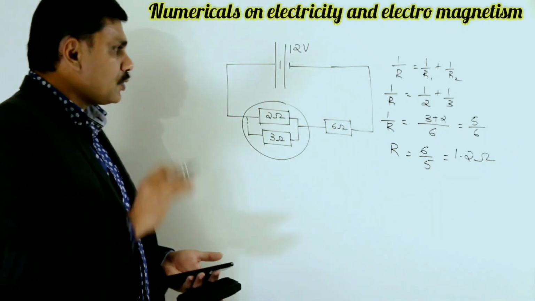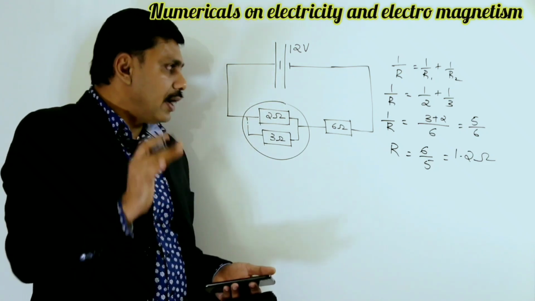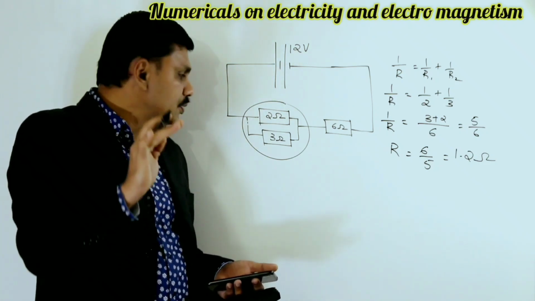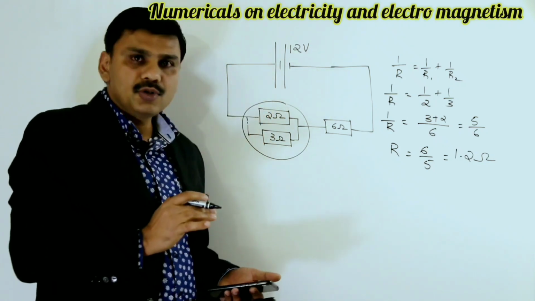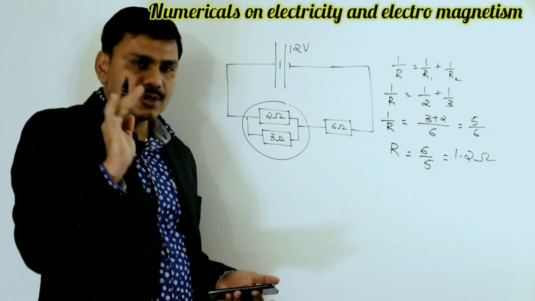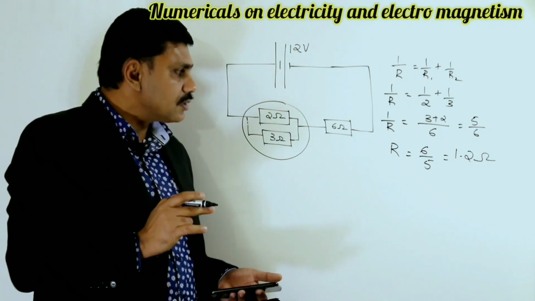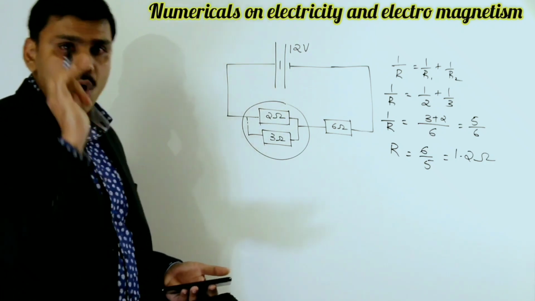So if the two resistors are connected in parallel and the values are 2 ohm and 3 ohm, this is the way to get the equivalent resistance. R equal to 6 by 5, it is 1.2 ohm.